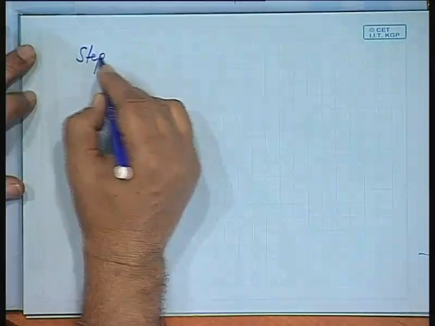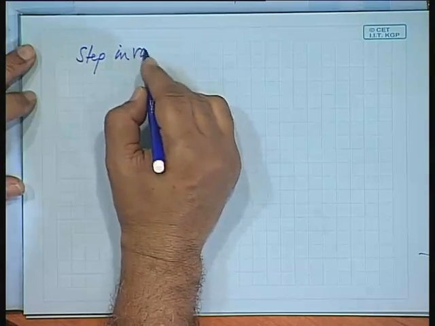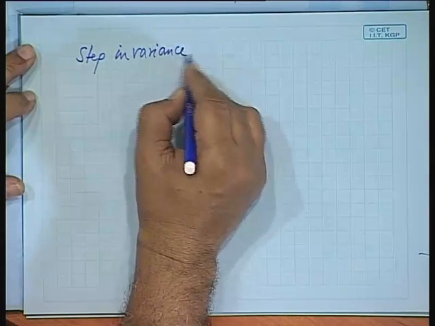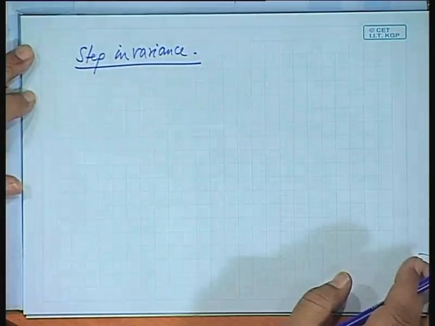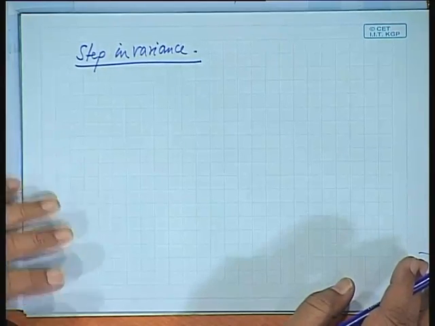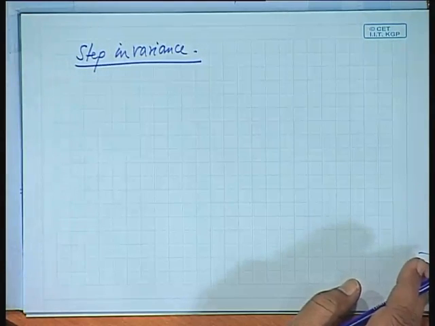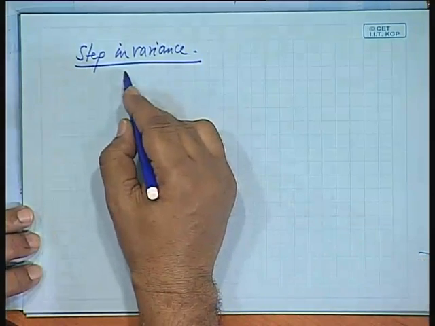Is that all right? Now one may suggest another invariance, that is step invariance. You can have any of the standard signals, keep that as an invariance, and then design a filter.